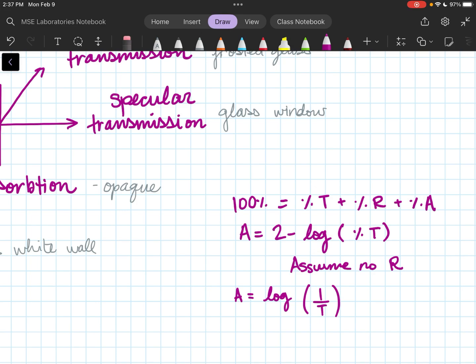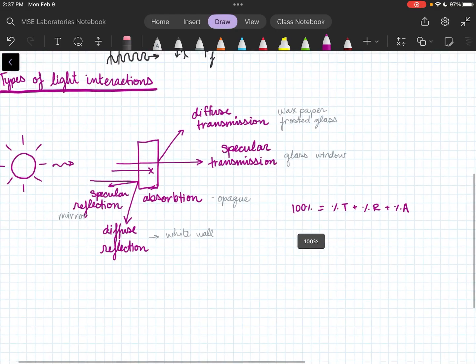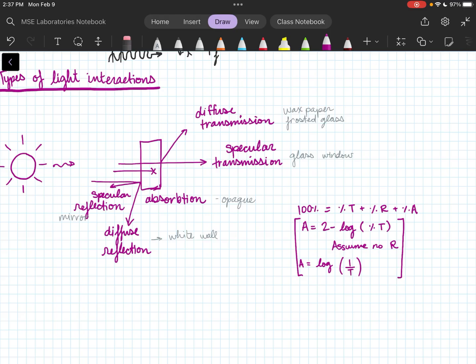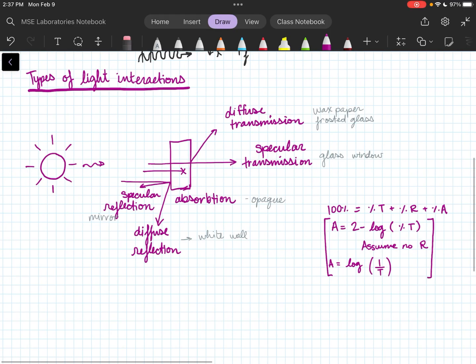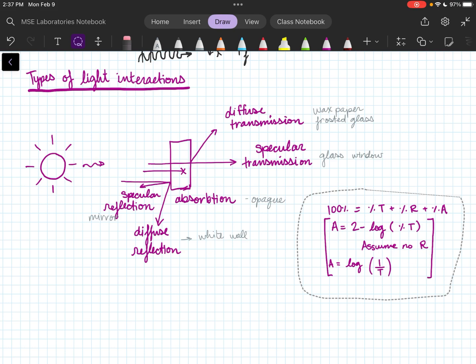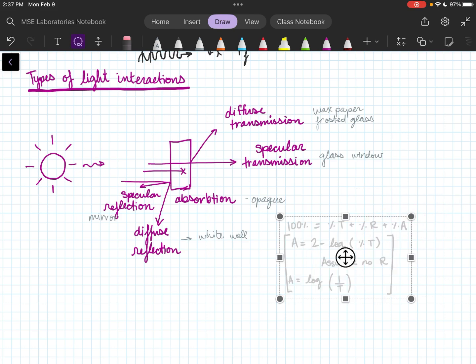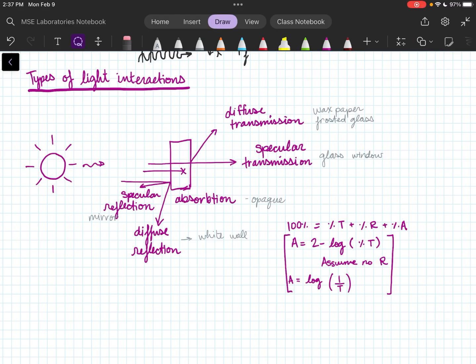We also can do absorbance is equal to the log of 1 over T. And you'll notice one of them is T, one of them is percent T. So these are both ways that we can, assuming there's no reflectance at all, get absorbance information about a sample. Most UV-Vises will do that calculation for you, so there's no need to do it yourself. But I think it's always a good idea to understand what it is you're doing and why.